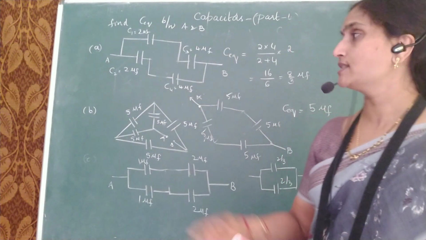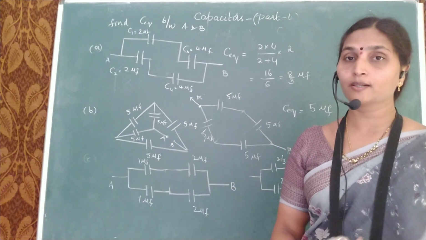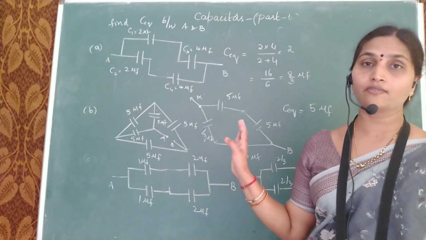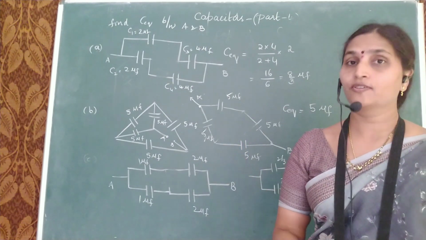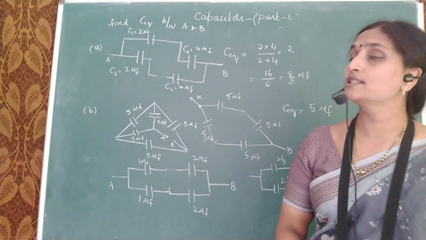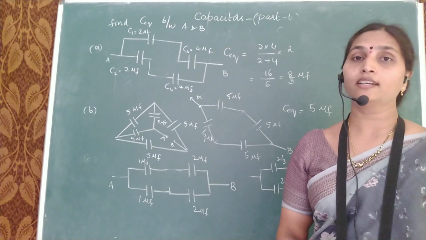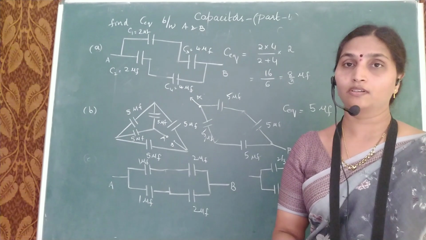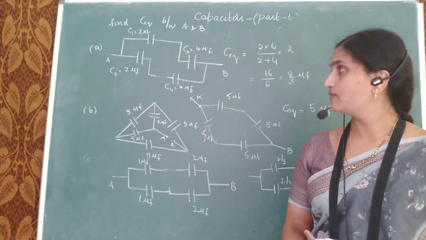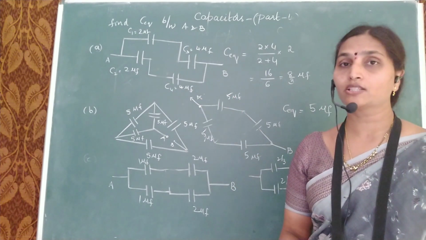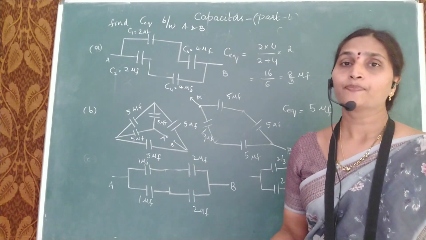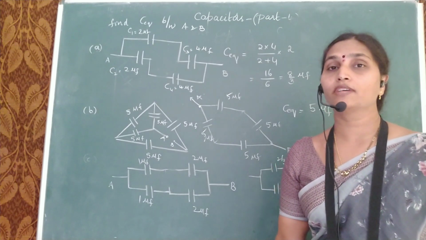So this is how you can use the Wheatstone bridge principle and solve the questions whenever you have a set of 5 capacitors in the form of a Wheatstone bridge. So you need to identify how the Wheatstone bridge arrangement is given in the question. So this is the first one what we wanted to discuss in today's class, regarding the Wheatstone bridge principle. Okay, so now coming to the second rule. So what will you do if it's an unbalanced Wheatstone bridge? In all the questions I have given the capacitances such that it is a balanced Wheatstone bridge.